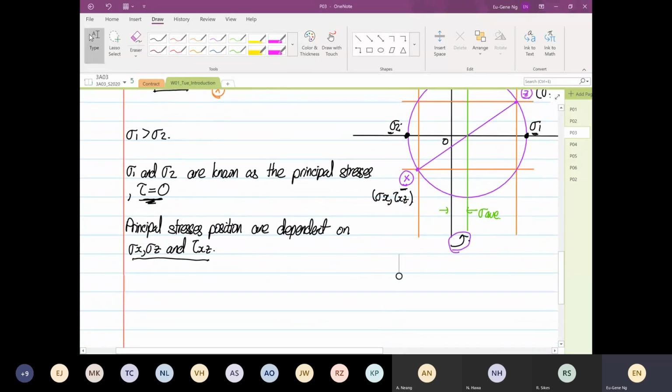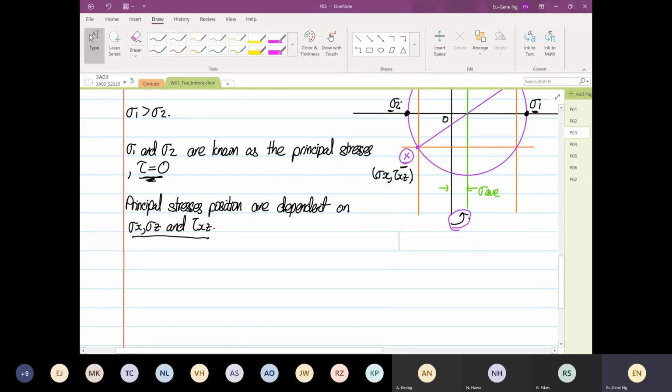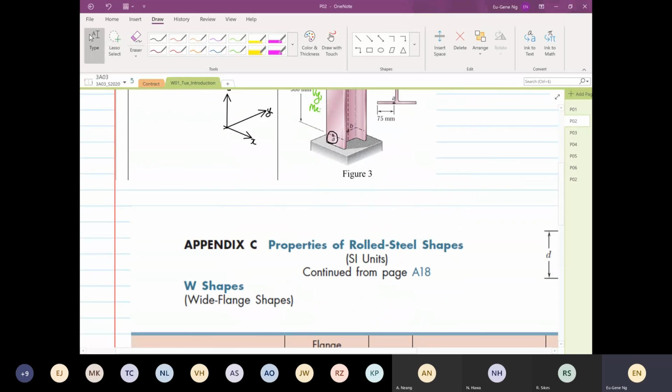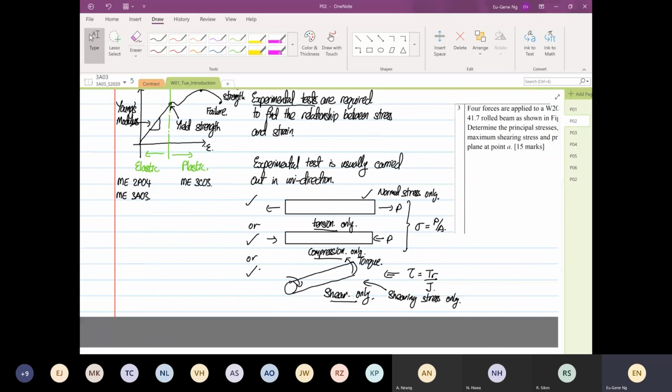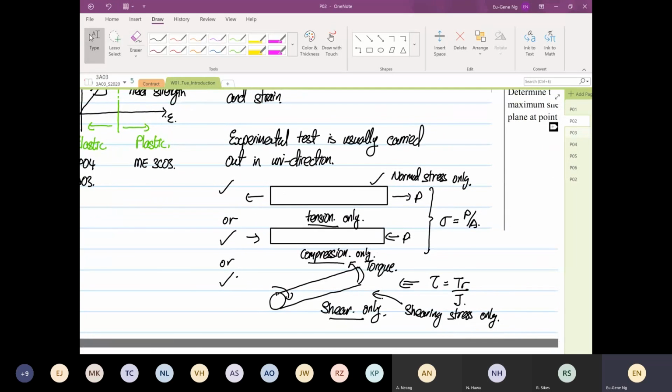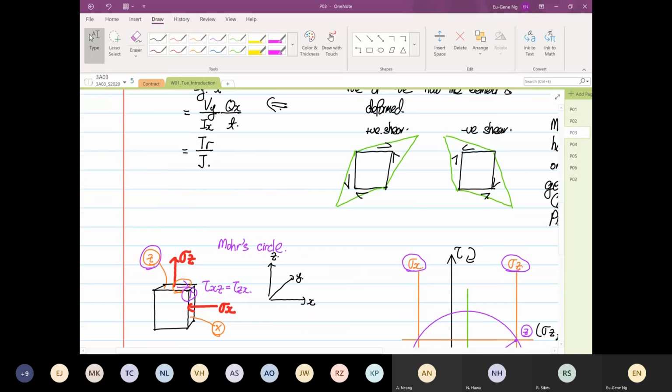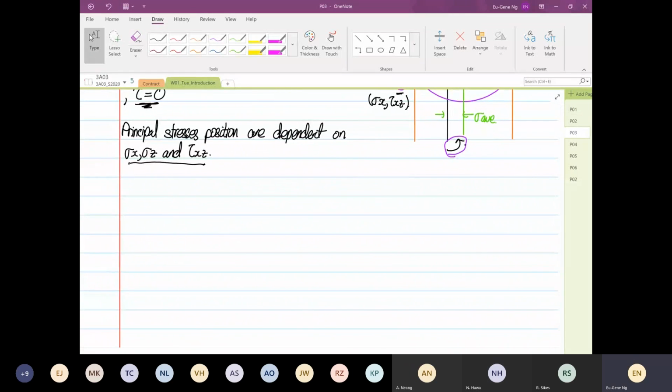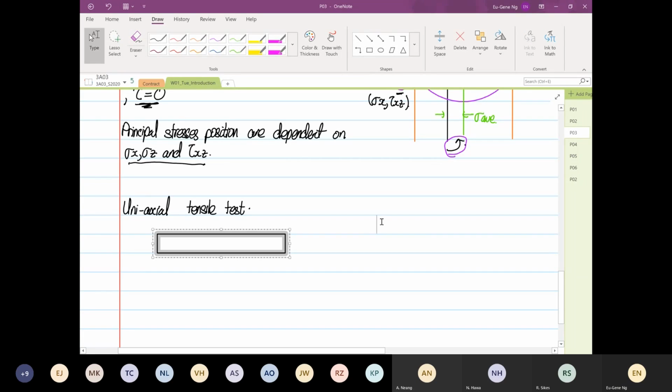So from here, if we go back to the previous slide now, or I'll draw it. Sorry to scroll so much. Under the uniaxial tensile test, we have a structure.